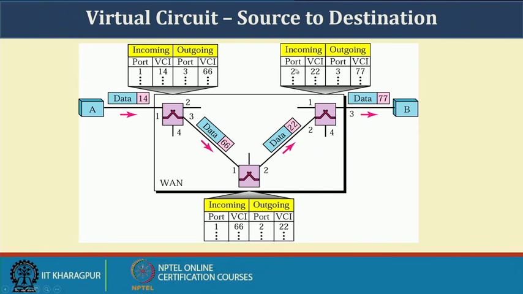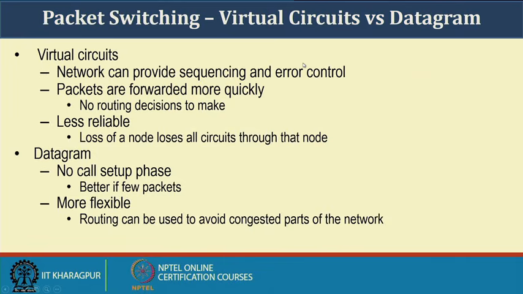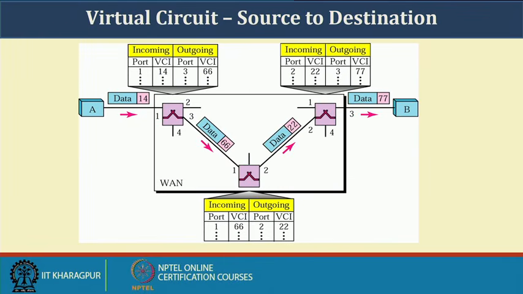It receives at port 2 with VCI 22 and pushes it to port 3. It goes from source to destination with different hops, and this table allows me to establish the route between A and B, right. So, a virtual circuit is established, and data flows in this particular direction.